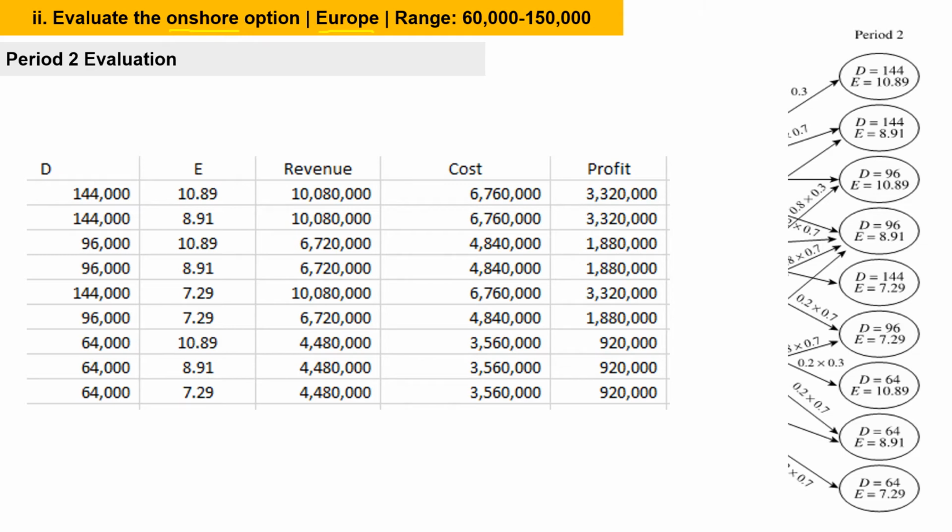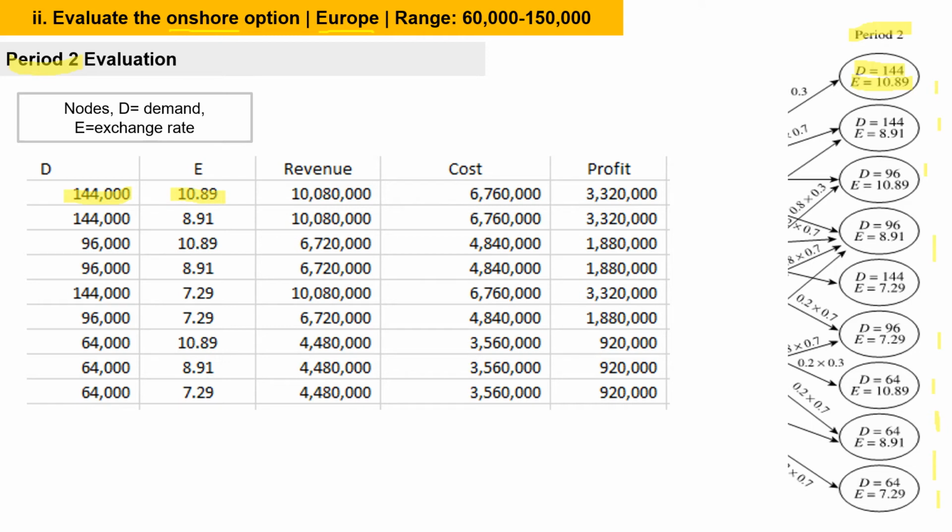We evaluate from the furthest period, which is period 2. So for period 2, these are the nodes, and then we just move the nodes here where D is demand and E is the exchange rate.